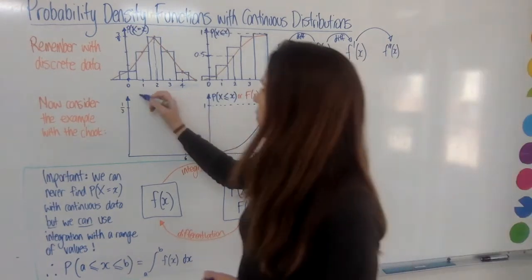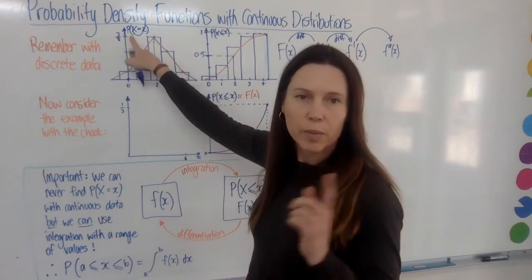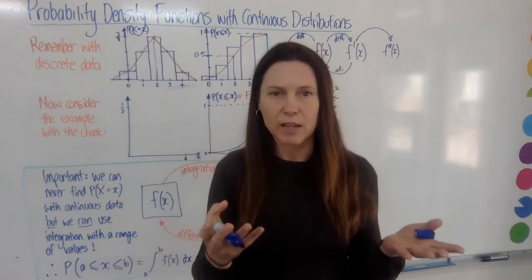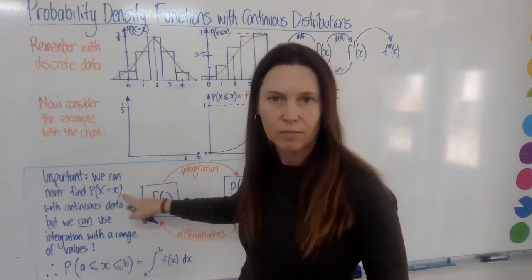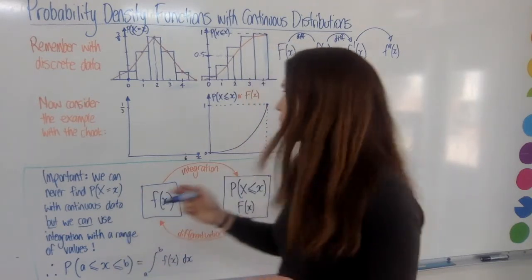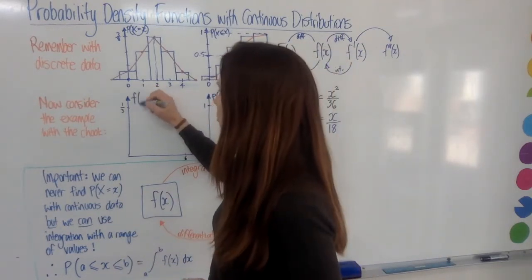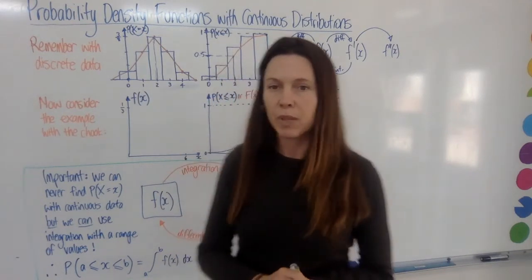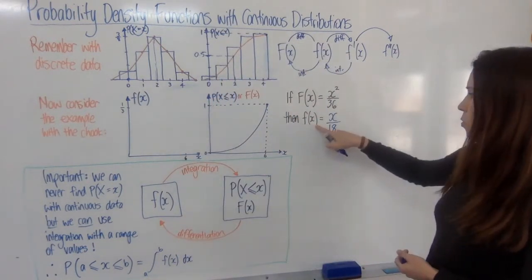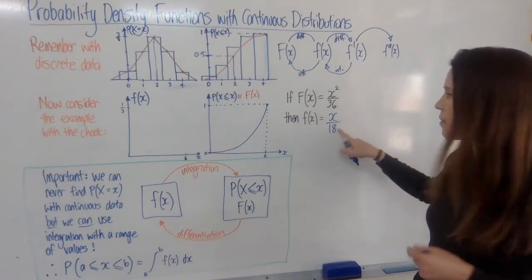So if we want to graph this then, I'm not going to call it the probability that big X equals X, because we really can't use that with continuous data. As a concept, it doesn't work. Let's just call it plain old f of x. And if I ask you to graph y equals x over 18, that's the same thing.